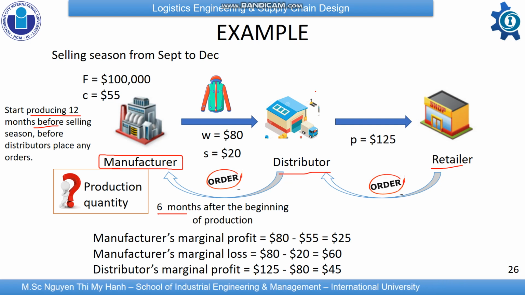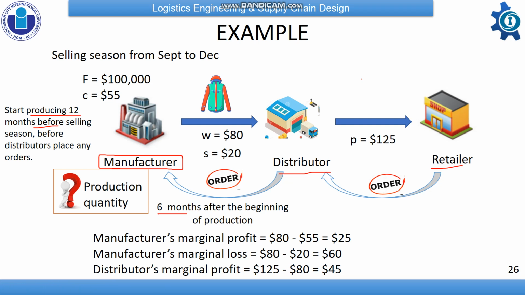And the salvage value, meaning the unsold products from the manufacturer will be sold to the discount store at the price of $20. We also have the demand distribution, like the example about the swimming suit we considered before. I will show you later.